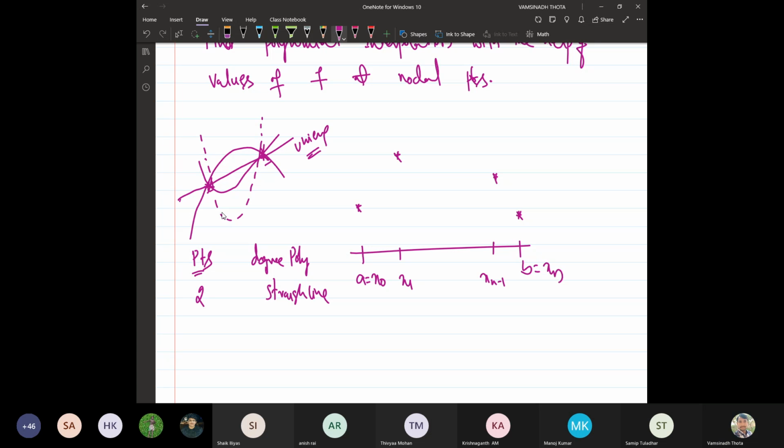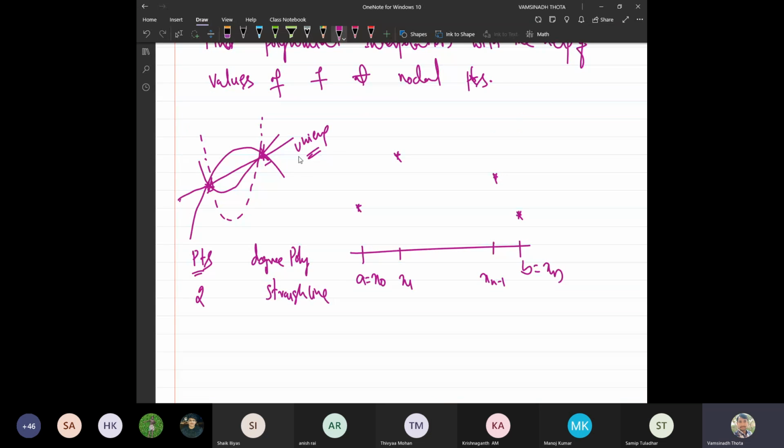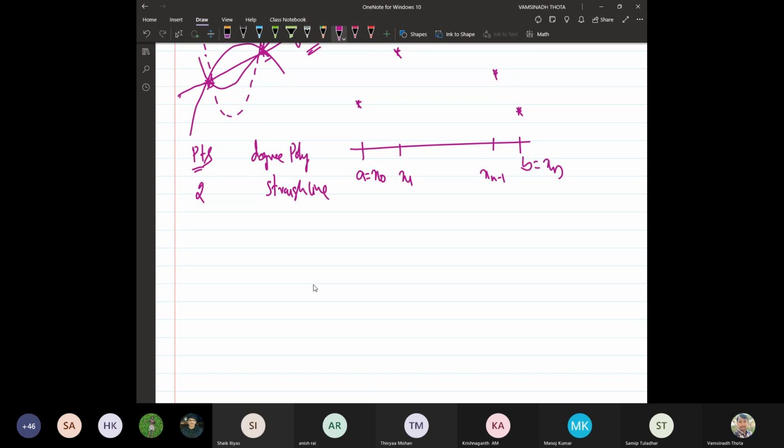But for a straight line, when we have 2 points, there actually exists a unique straight line. Because of this uniqueness, when 2 points are given, it is better we go for the straight line rather than a polynomial of degree more than 1. And next, suppose we know the values of the function at 3 points, say these are the 3 points.